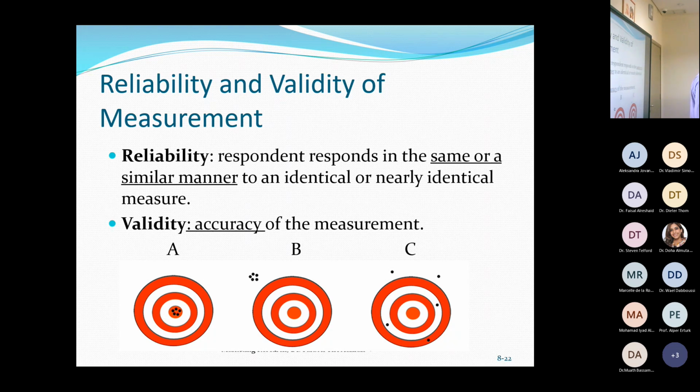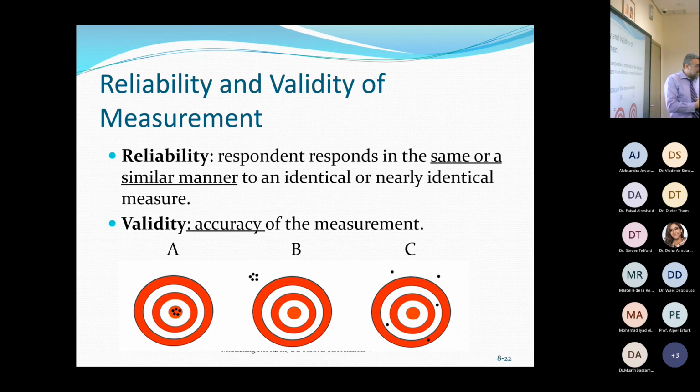So the measurement is invalid. I'm using the wrong tool to measure, because scales are used to measure weight, not height. So this is an invalid measurement based on my research objective, the type of information I want to collect. I'm using the wrong measurement process and the wrong measurement tool.